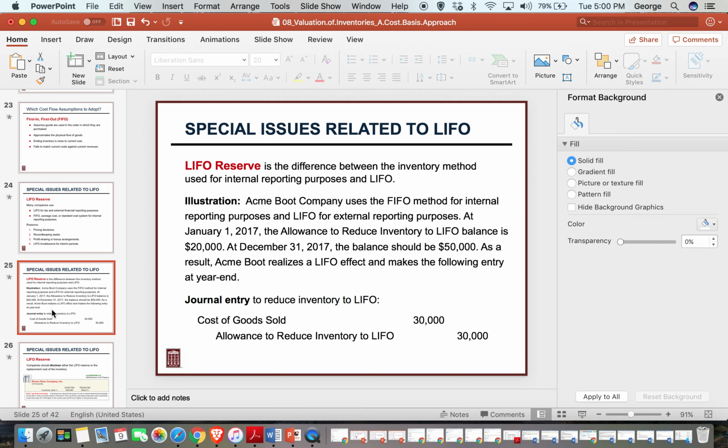December 31st, 2017, the balance should be 50,000. So we do a count of the inventory, it should be 50,000. As a result, we realize a LIFO effect and make the following entry at year end: debit cost of goods sold for 30,000 and credit allowance to reduce inventory to LIFO for 30,000.